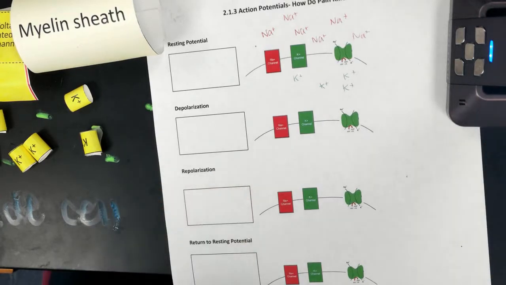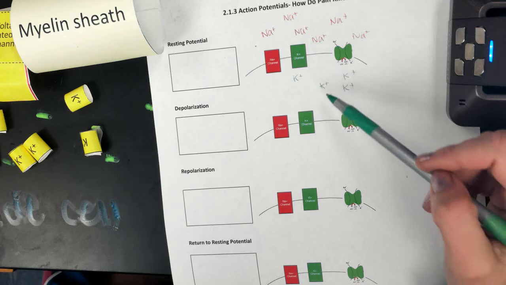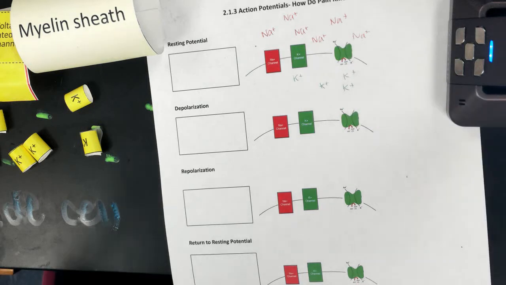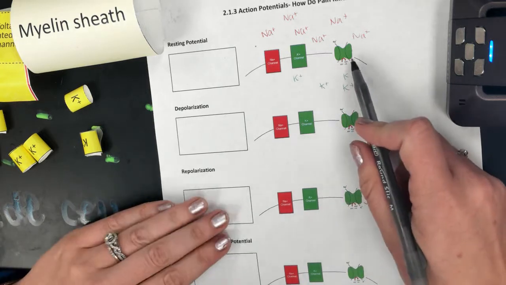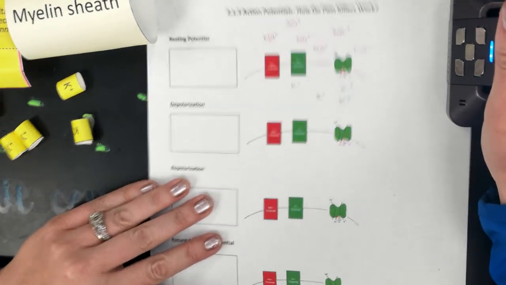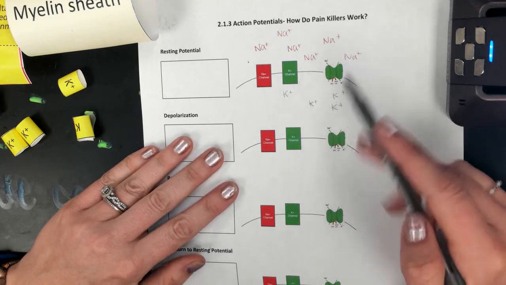And what's important is, because we do technically have some of these leaking this way and some of these leaking this way, we have to have this sodium-potassium pump active to keep this balance where most of the sodium are here and most of the potassium are here.